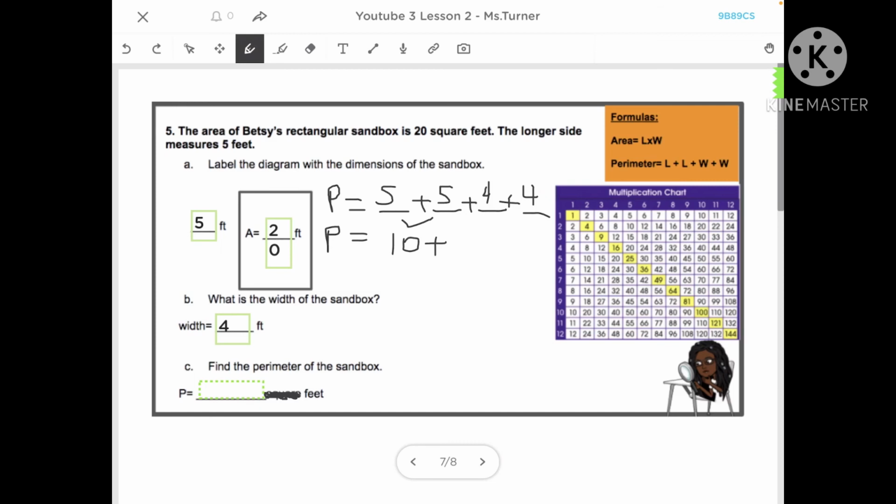And what's 4 more? Good. 14. And 4 more. Good. 18. You also could have done this by adding 5 plus 5 and then adding 4 plus 4 and then combining your sums. So I know that my perimeter is 18 feet.